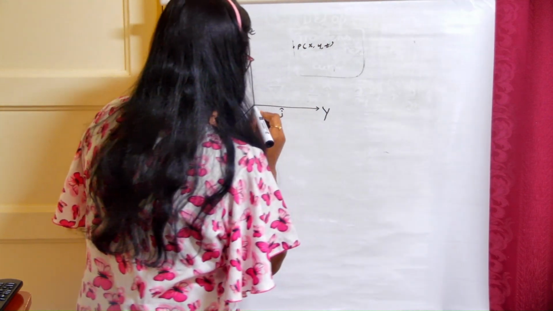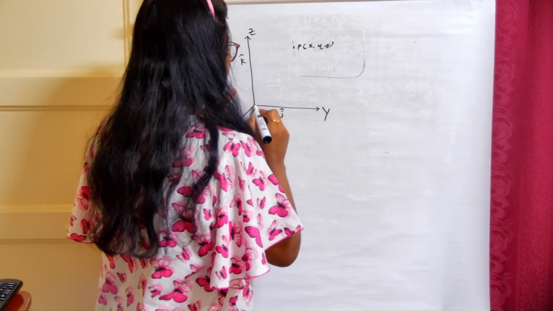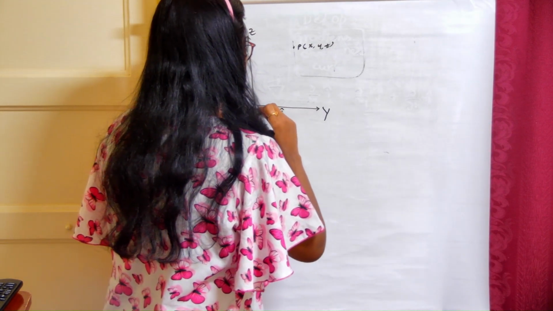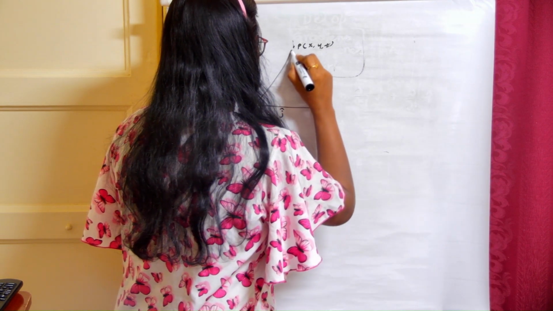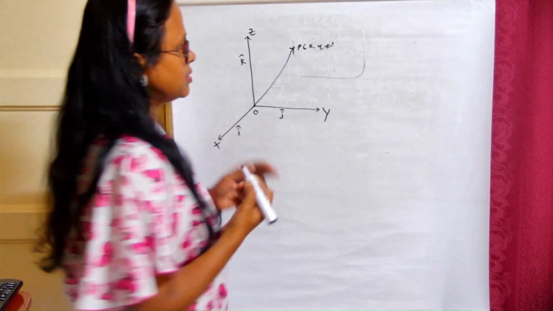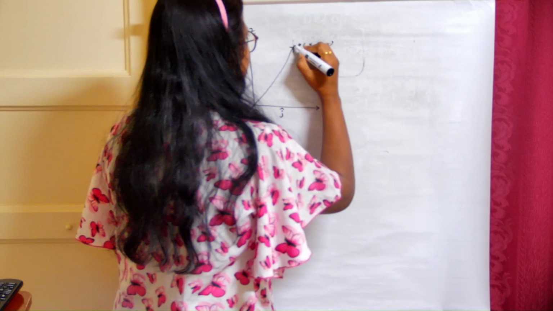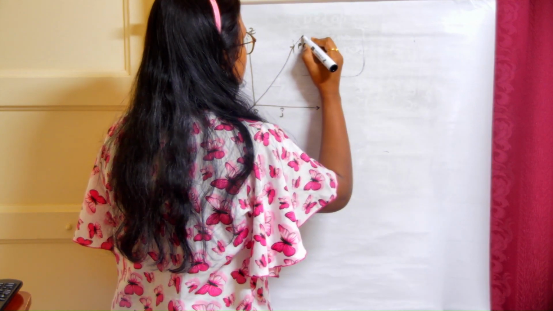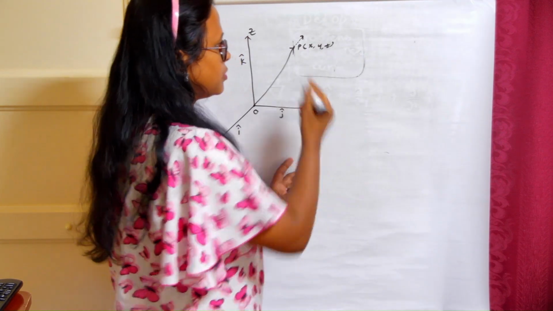And here will be the origin of the Cartesian coordinate system, and the line that starts from the origin to that point is called a position vector, and this position vector always points radially outward from the point.